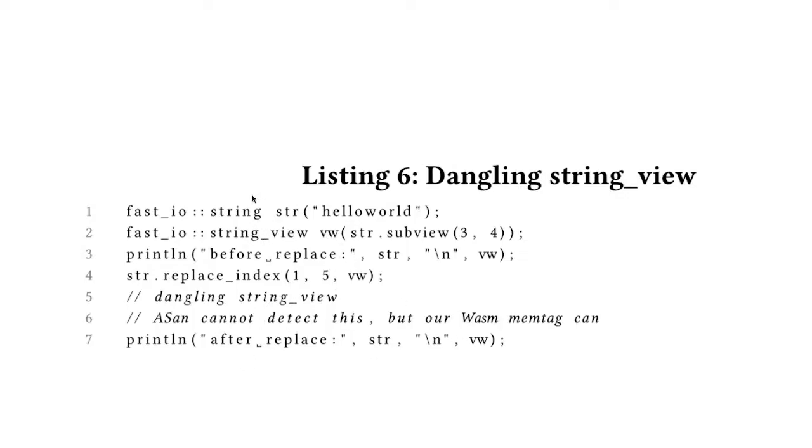We have a string view, and when you call something like replace on the string, the string can point to somewhere else now because the memory is reallocated. The view still points to the original memory. Since ASan doesn't have enough metadata, unlike WASM memtag, it cannot detect this case. But WASM memtag could, which proves the usefulness.